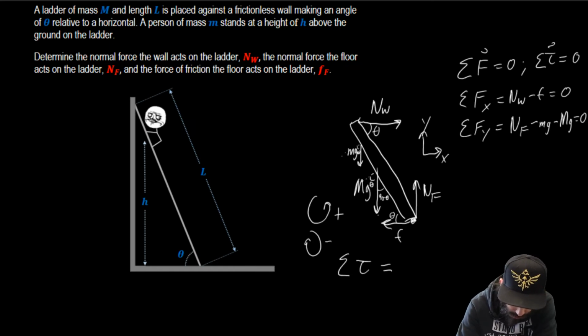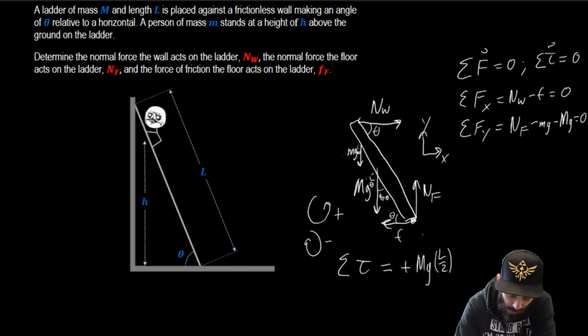This capital Mg right here is going to cause a counterclockwise rotation. So this is going to be plus Mg times the distance that it acts, times L divided by 2.